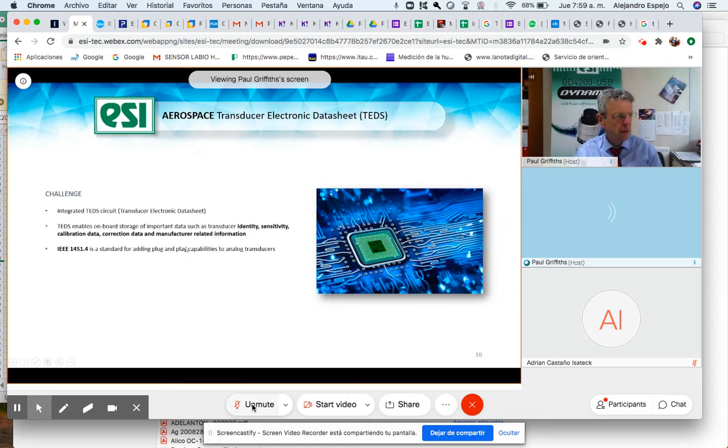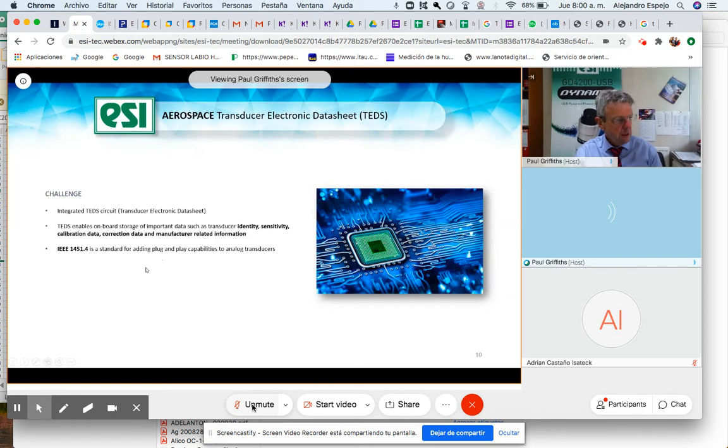So you can put the serial number of the transducer, the output sensitivity, calibration data, pressure data, calibrated pressure records from the manufacturer. So at different pressure levels, at different temperatures, you can put all this data onto the EEPROM.